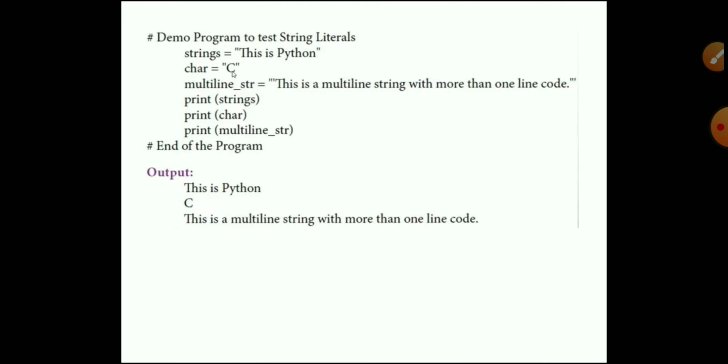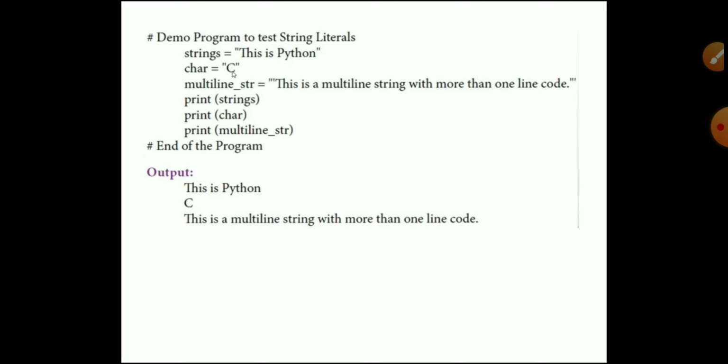Next is the example for strings. First, a demo program to test string literals. Strings equal to double quotation, this is Python. Character char equal to c in double quotation. Then a multi-line string, using triple quotes.